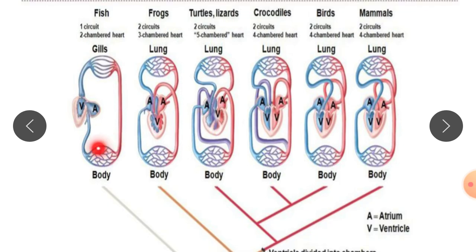It flows like this: auricle to ventricle, ventricle to gills. In the gills, blood is purified and it is supplied to the body. So it flows like this. One circuit, one complete circulation. So single circulation is present in fishes.